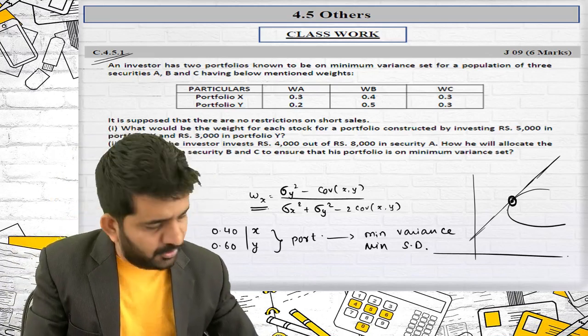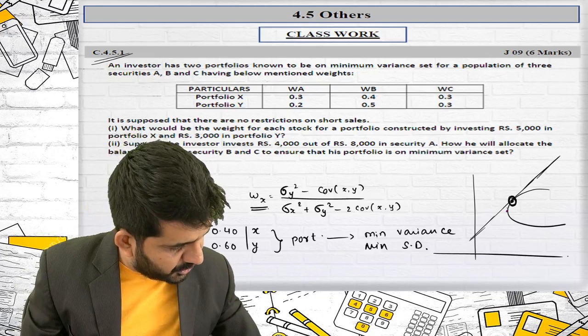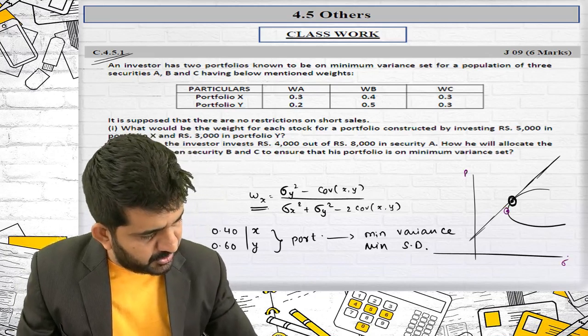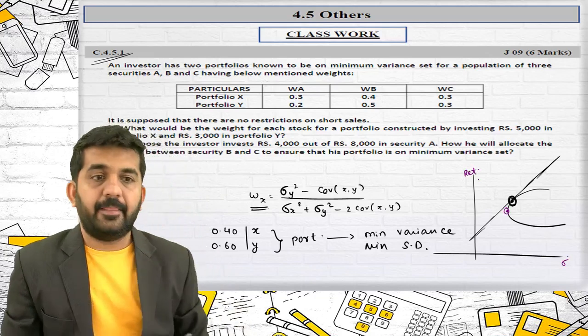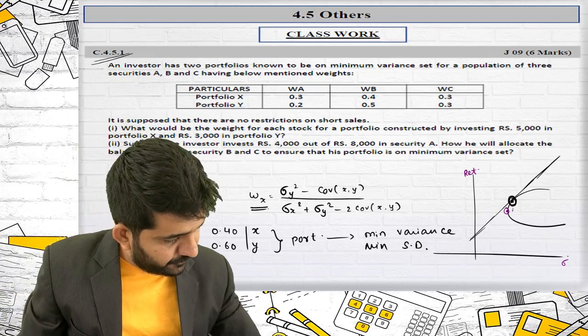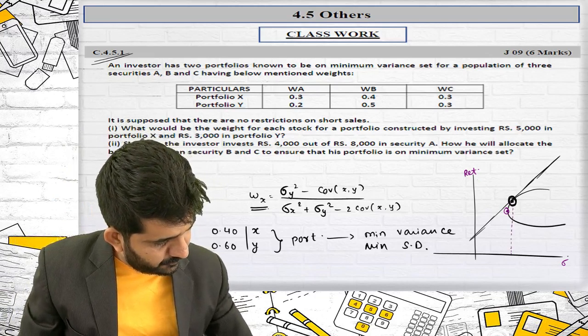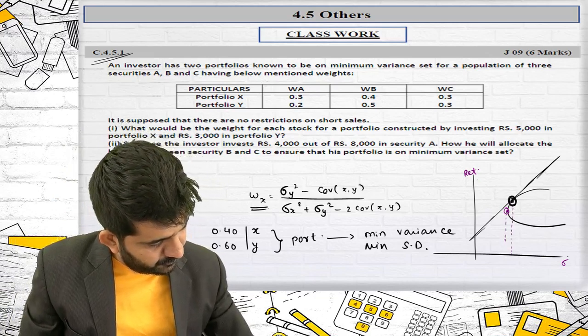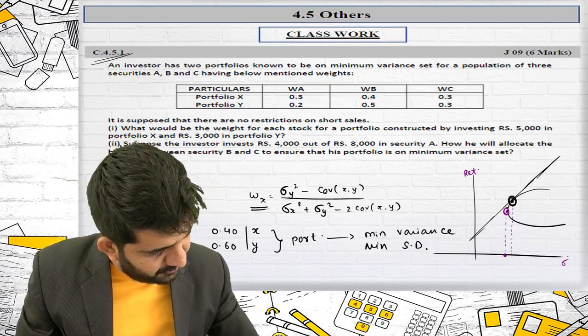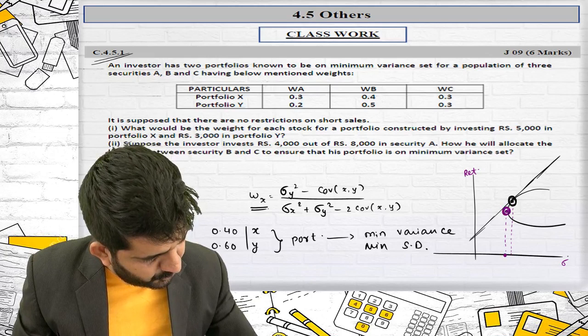There are other portfolios. Let me change the color. This is standard deviation, this is return. So there are other portfolios which have less standard deviation, like this particular portfolio.